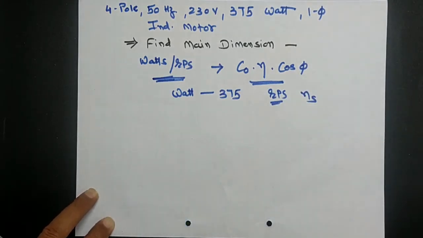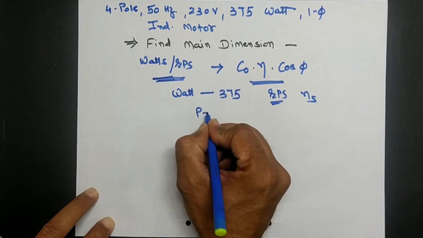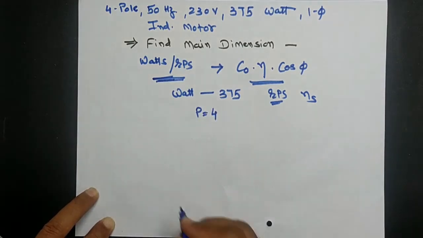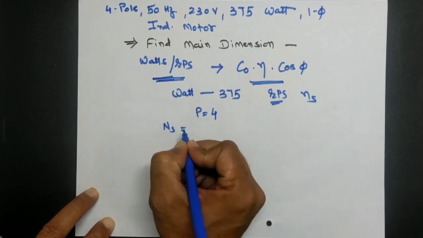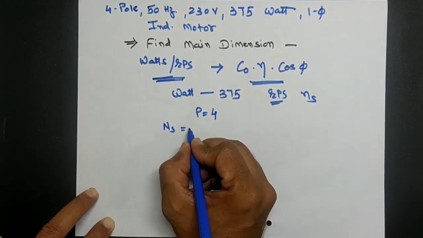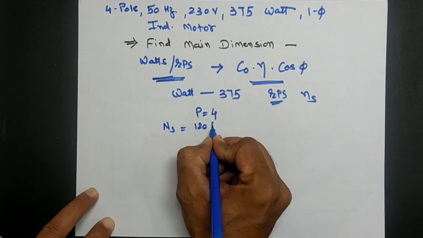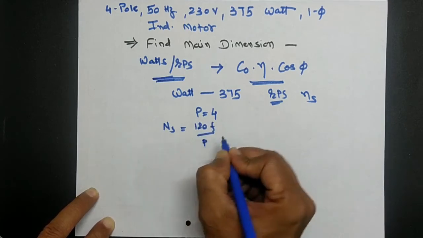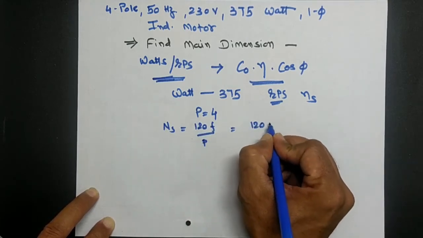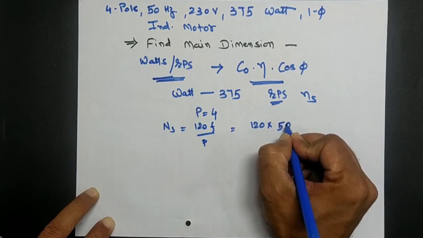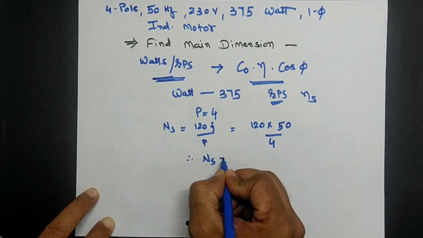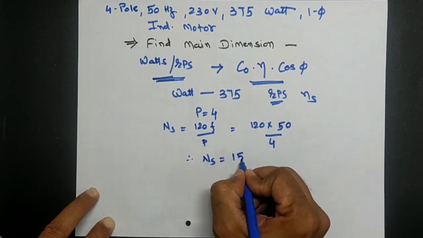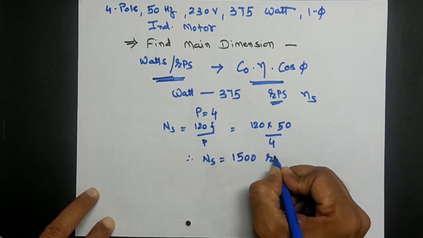Speed is not given, but the number of poles is given. Number of poles is 4. So based on this, we will find the synchronous speed in RPM. Ns is 120 f by P. So 120 multiplied by 50 divided by 4, and therefore Ns comes to 1500 RPM.